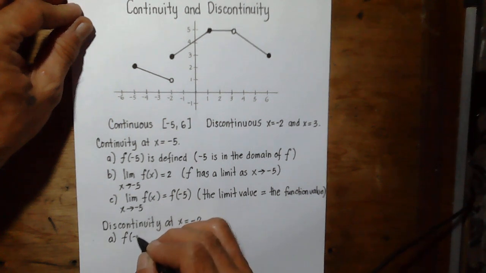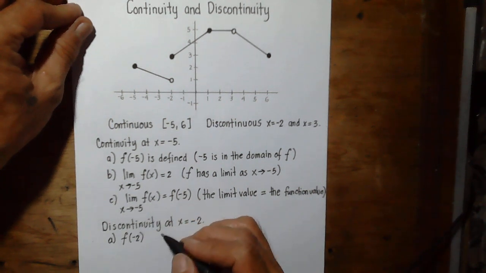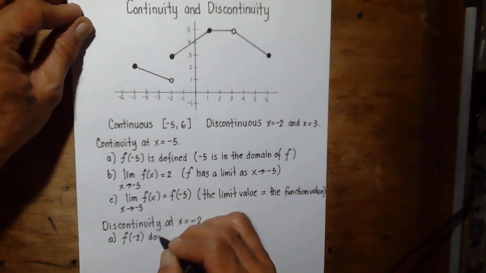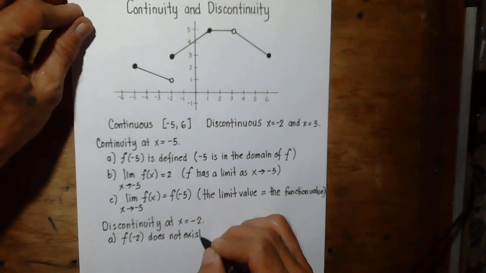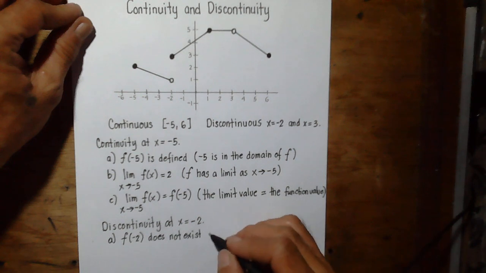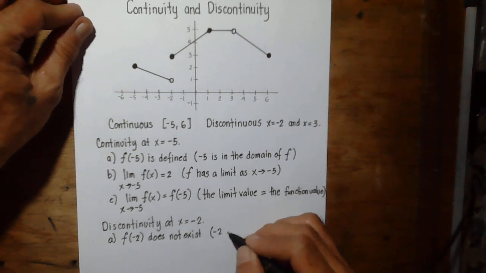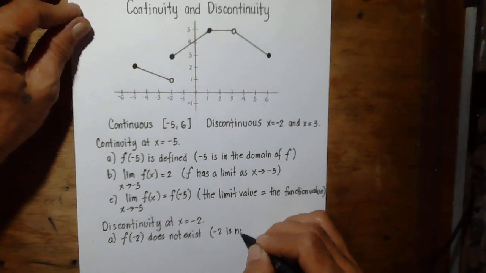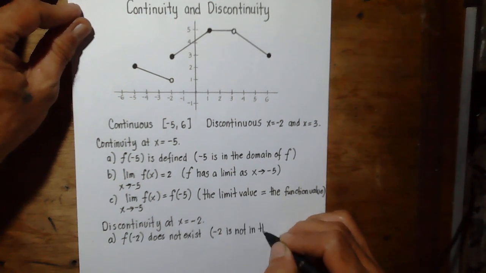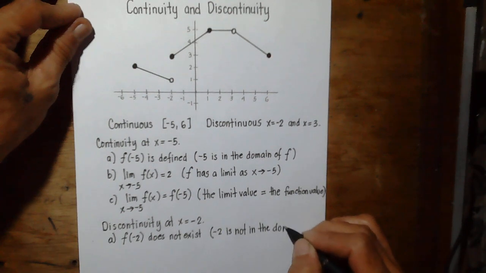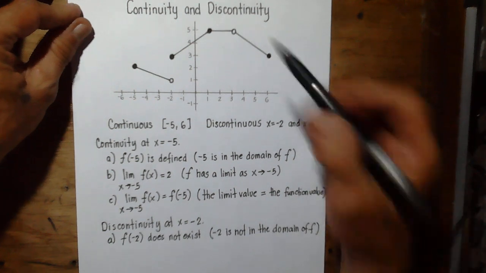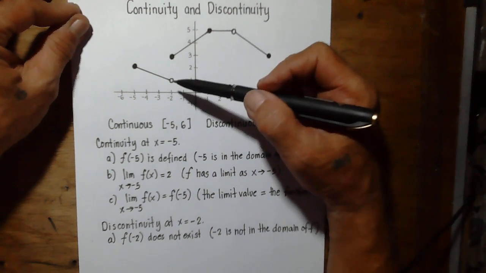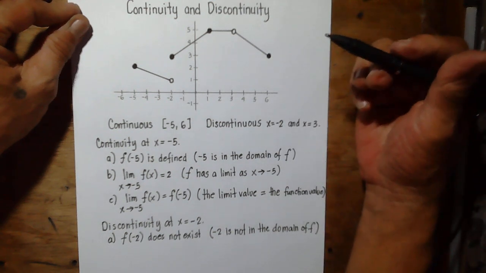F of negative 2 does not exist. Or we say that negative 2 is not in the domain of the function. As you can see on the graph, an unshaded circle is plotted when x is at negative 2.